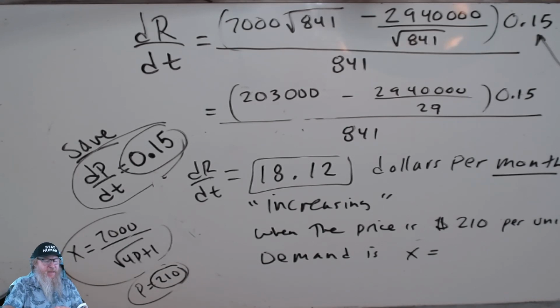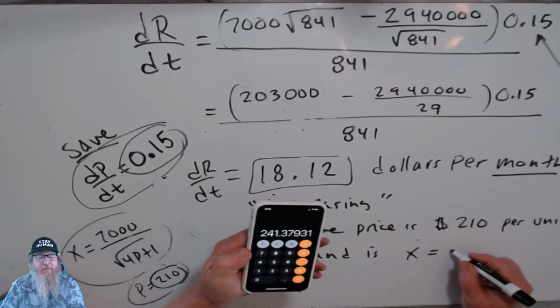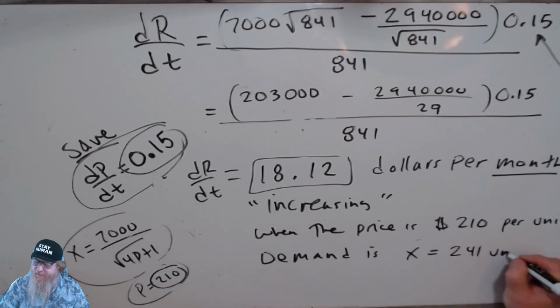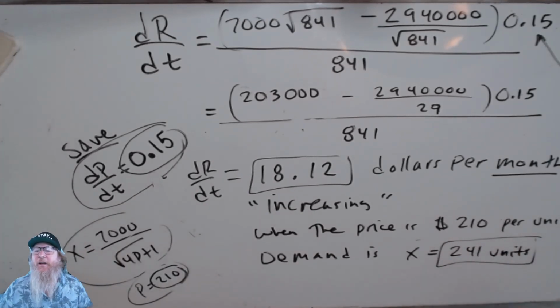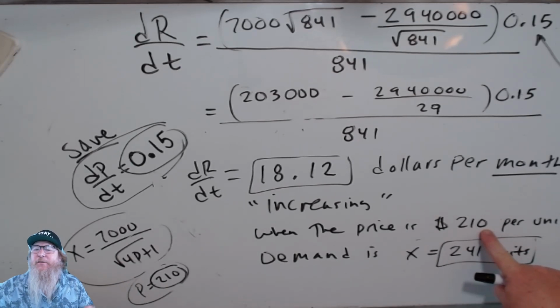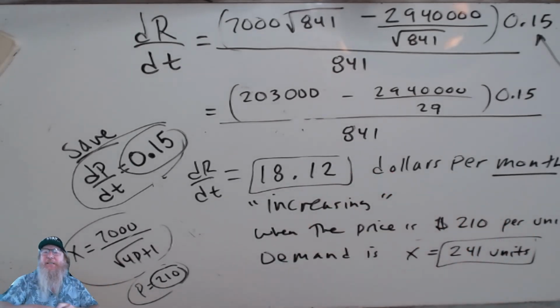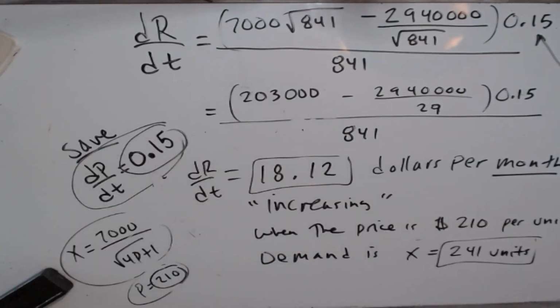So 7,000 divided by 29, just out of curiosity, I did this. You have to round to the nearest unit. So this particular company would sell 241 units or widgets at $210 per widget, and the revenue would be increasing at a rate of $18.12 per month.